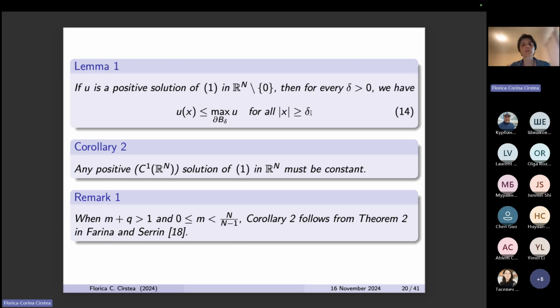That is a very important result that we use quite a lot. So U of x is less than or equal to the maximum of U on the sphere of radius delta when modulus of x is to the right of delta.